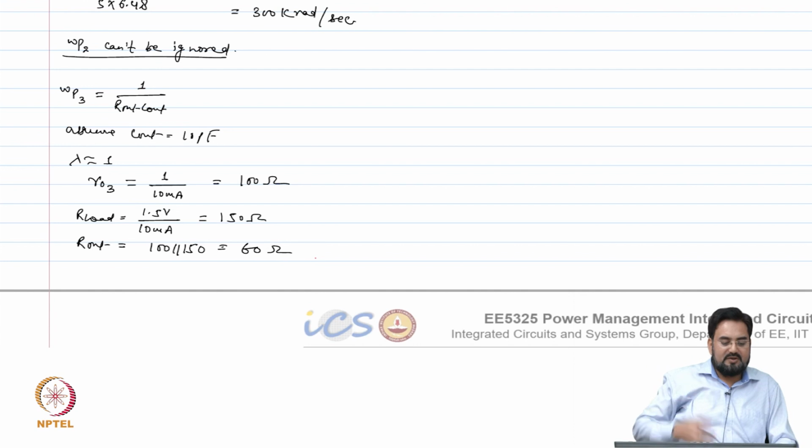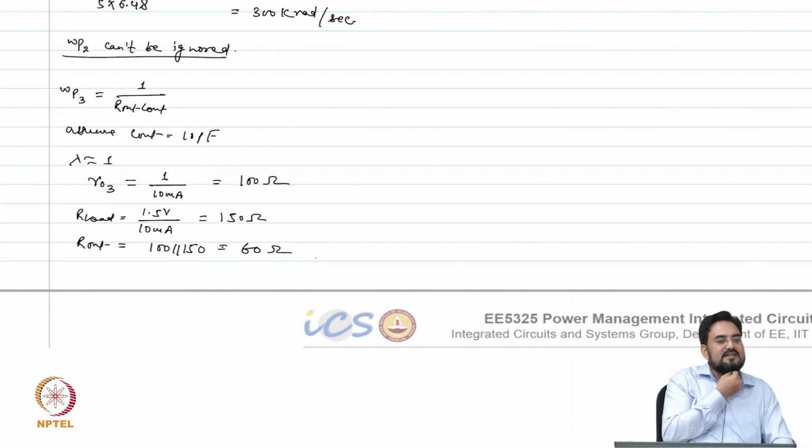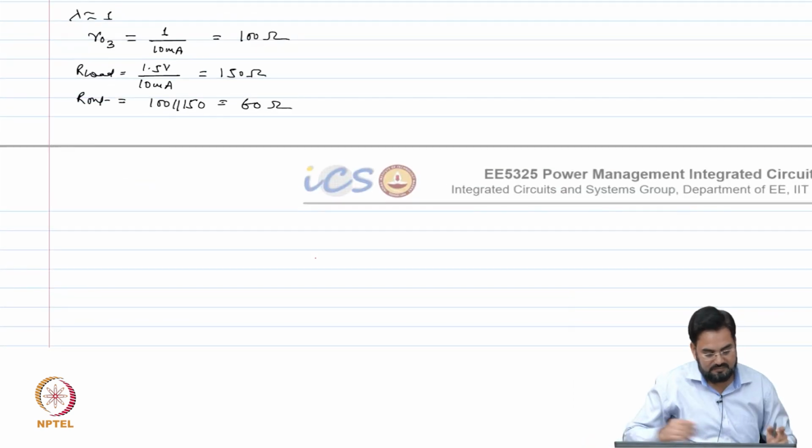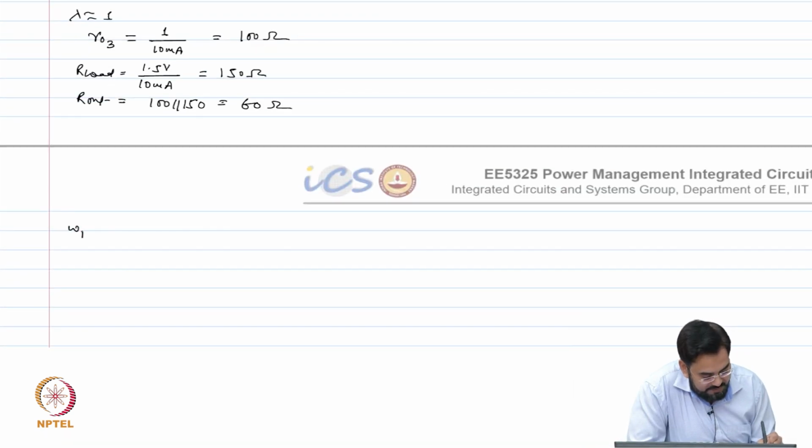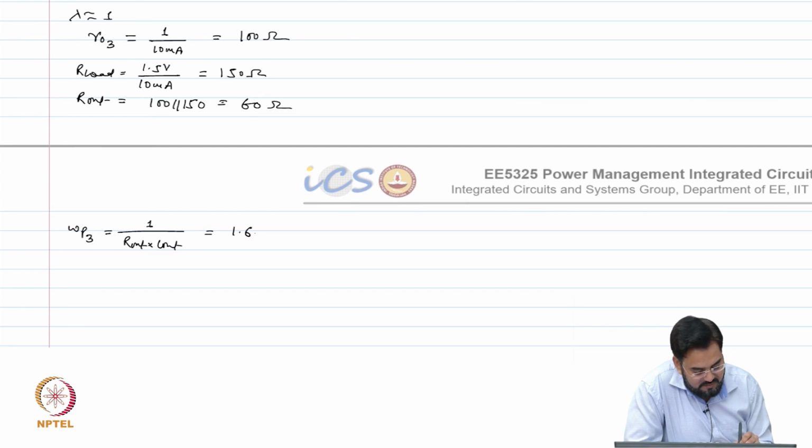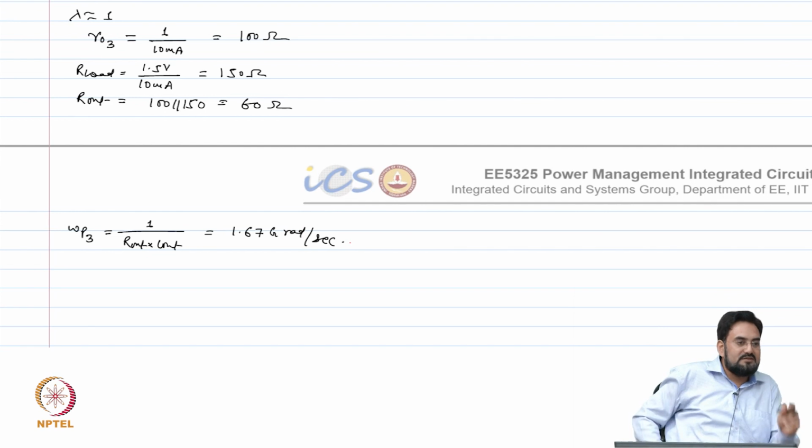So 60 ohm and 10 picofarad, that's a very high frequency. So your omega P3 equals how much? 1.6, which is even higher than your first pole.